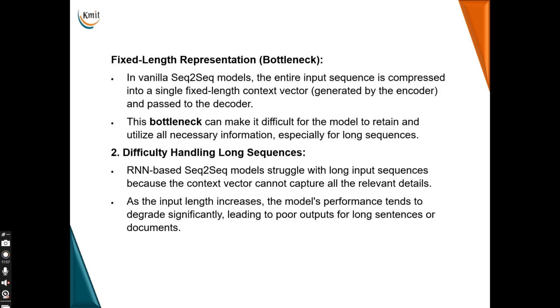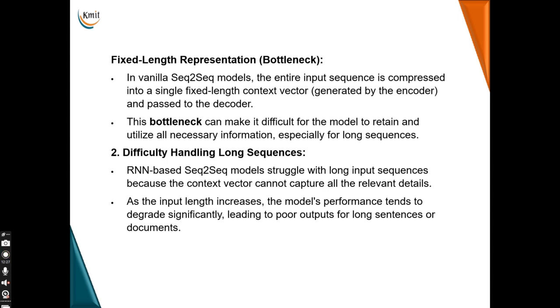Fixed length representations. Vanilla sequence models compress the entire input sequence into a fixed length context vector. What would be the bottleneck in this? Some of the necessary information is lost compared to the data which is not relevant to output generation. Difficulty in handling long sequences.